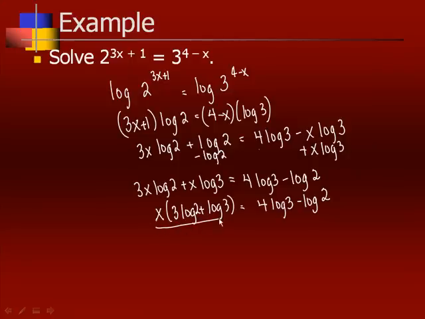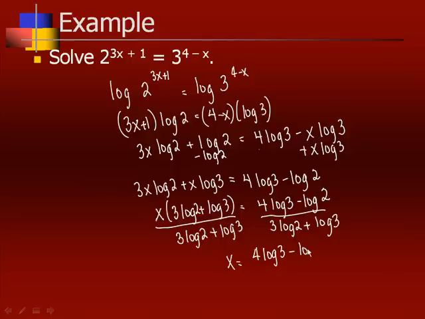Now to get x by itself, we're going to divide both sides by 3 log of 2 plus the log of 3. So we end up with x is equal to 4 times the log of 3 minus the log of 2, divided by 3 times the log of 2 plus the log of 3.